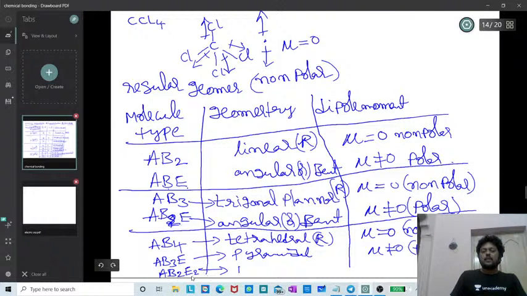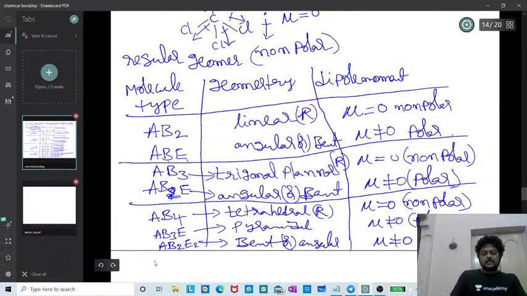That means two bond pairs, two lone pairs, bent or angular or V shape. In that case, dipole moment not equal to 0. Molecule polar.